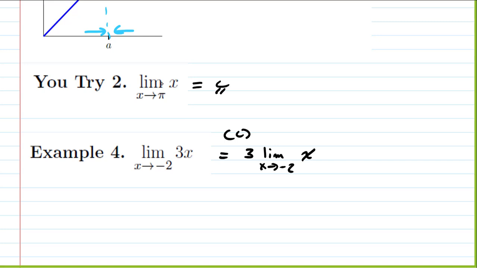And this is by C from above. And then we know, well, what's the limit as x approaches negative 2 of x? Well, it's negative 2. So then the limit as x approaches negative 2 of 3x is negative 6. So we pull the constant out, and then we use our property that the limit as x approaches any constant of x is just the constant.